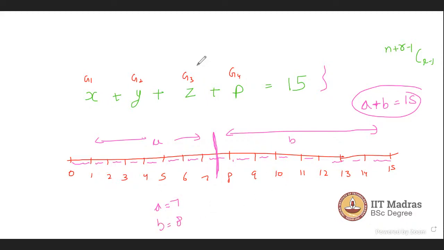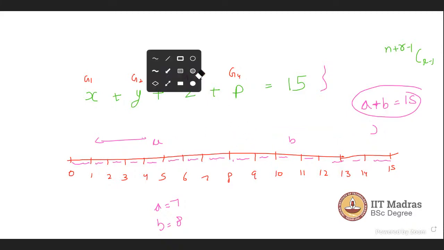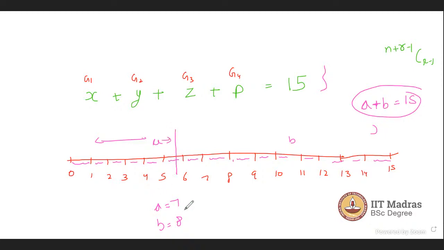This is one of the solutions. Another way, I draw a line here, so A equals 5, B equals 10, or 6 and 9. So I can draw a line anywhere, right?